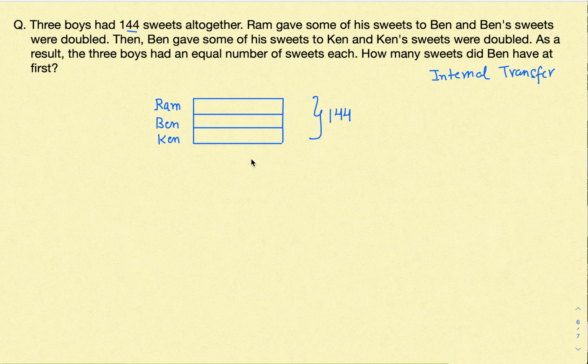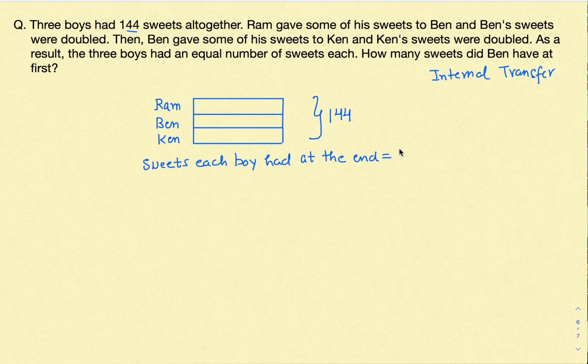So what do you think? Now we know that all three boys have an equal number of sweets at the end and their total is 144. How many sweets each boy had at the end we can find quickly. It's pretty straightforward.